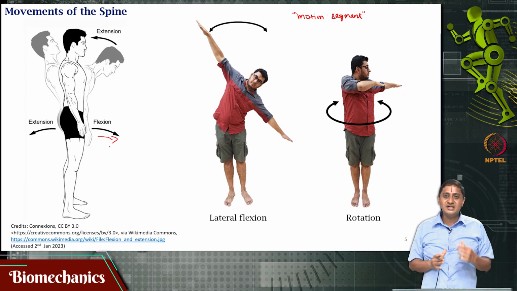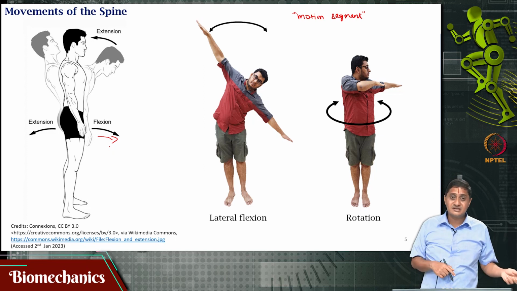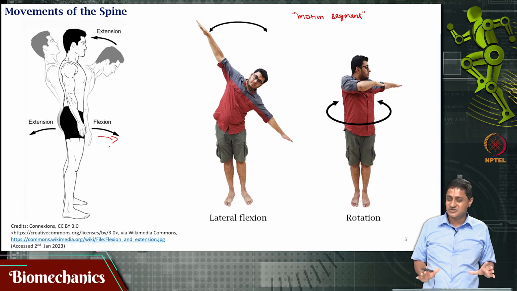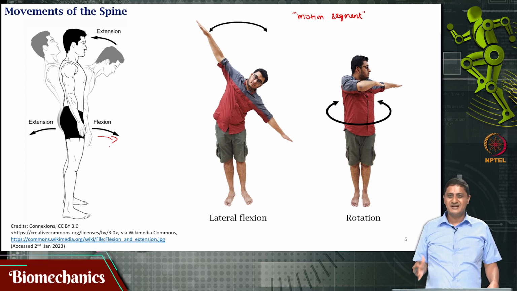There are constraints that are placed at the anatomical level because of various factors, such as what internal organs are present, to what extent these are possible to move, and many other such constraints. Because of this, the net movement that is possible at the level of any vertebra changes. So, between two vertebra, or between any motion segment or between multiple motion segments, the range of motion that is possible is different.